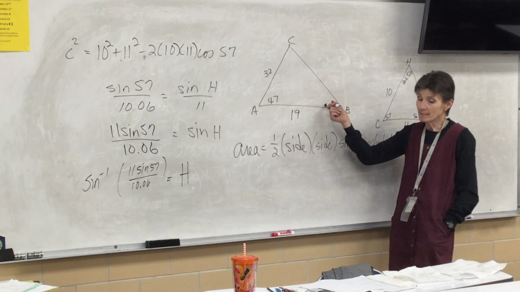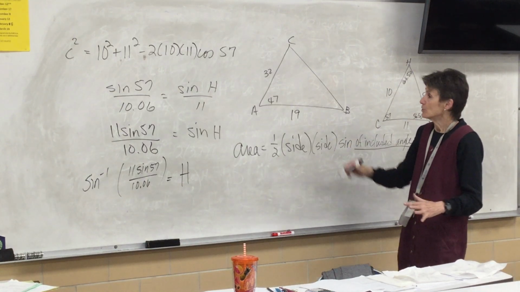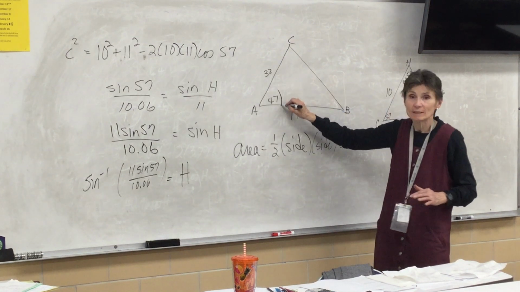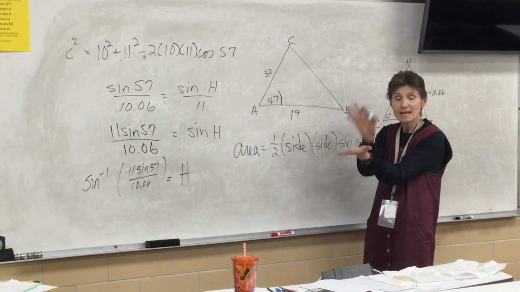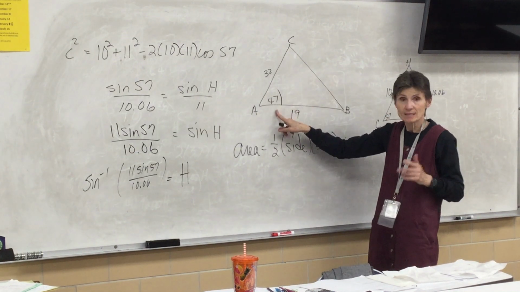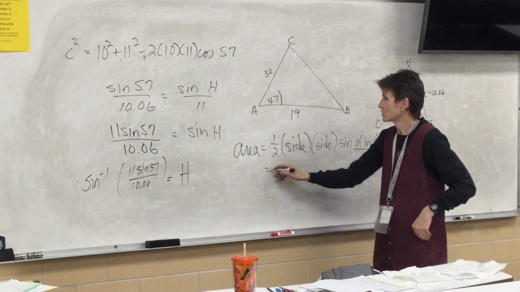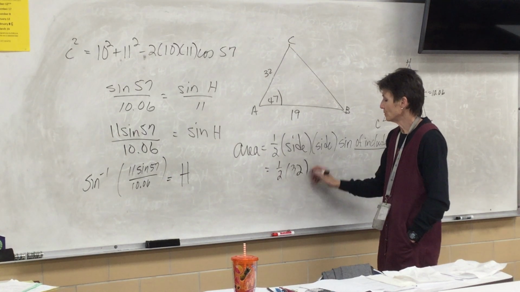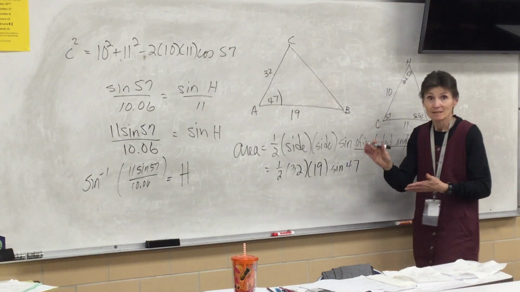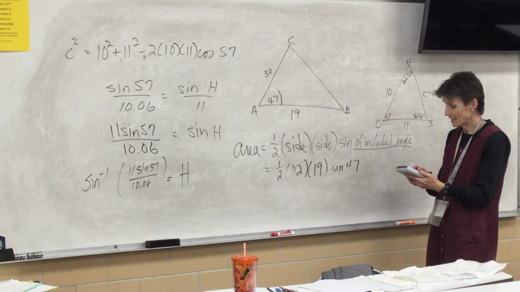So for problem A, you have exactly what you want: two sides and the included angle. The included angle is the angle that the sides make. This is not the included angle. This is the included angle for these two sides. So the area is just going to be 1/2, 32, 19, sine 47. That's the area of the triangle. You just type it in, and that is it.